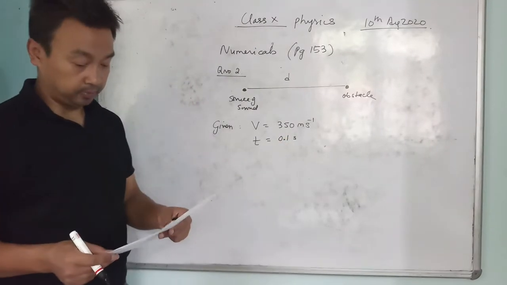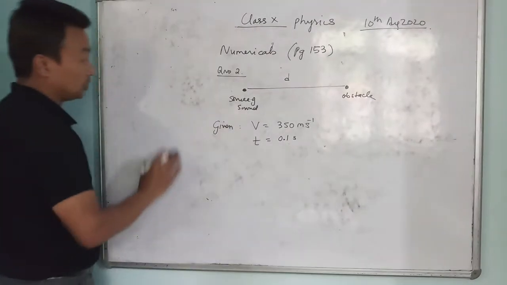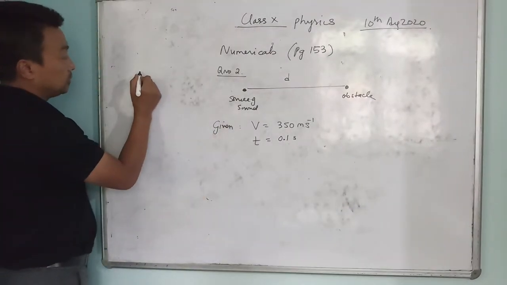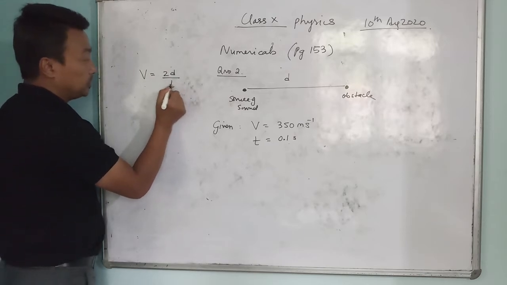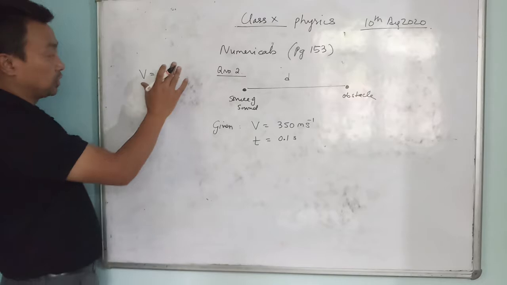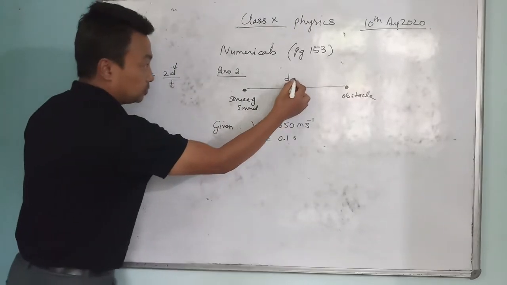Now it is very easy. We have to find the distance. We have already learned that velocity equals 2d by t. This is the formula you have to use for an echo, and we have to find this d, the distance.